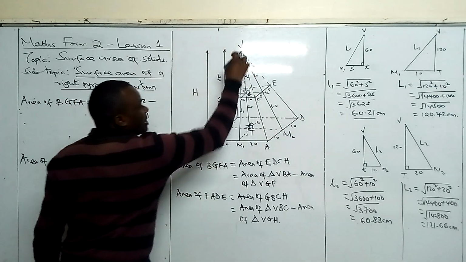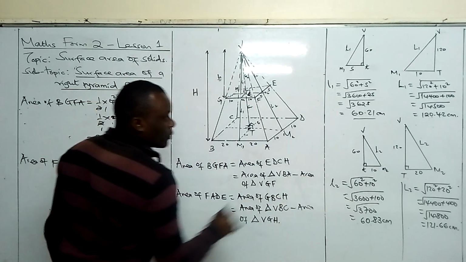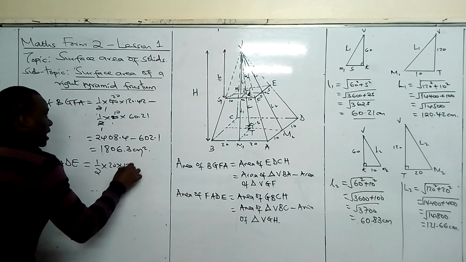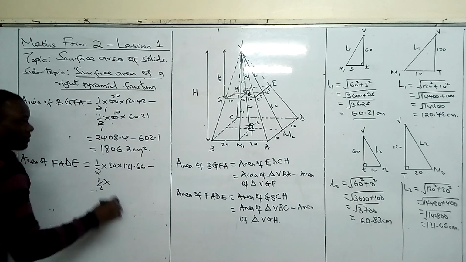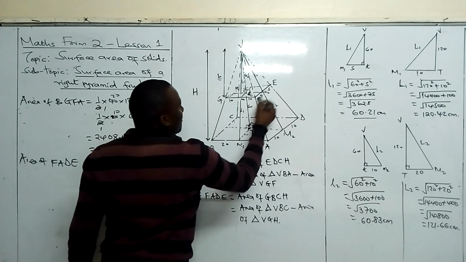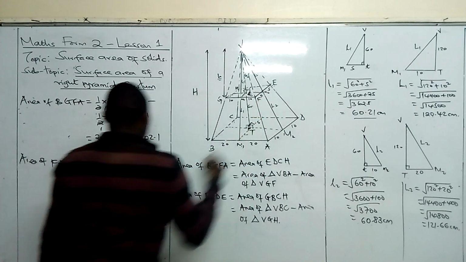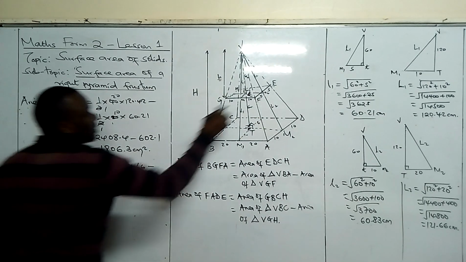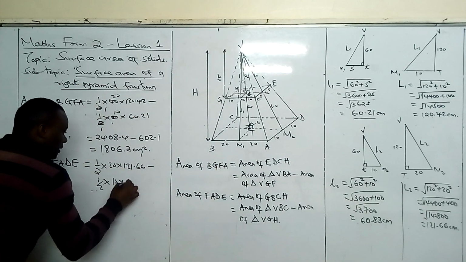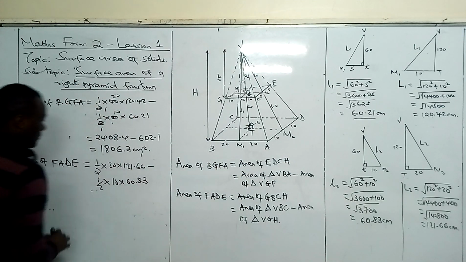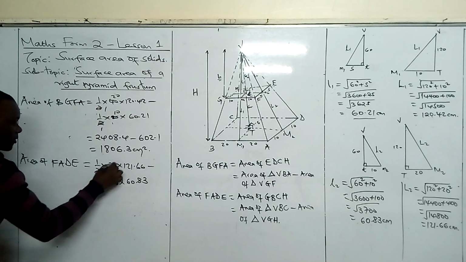The height is represented by capital L2, which we got as 121.66, then minus a half times the smaller one, VFE. This base here is 10, times the height L2 small, represented by 60.83. So 2 goes into 20 ten times.